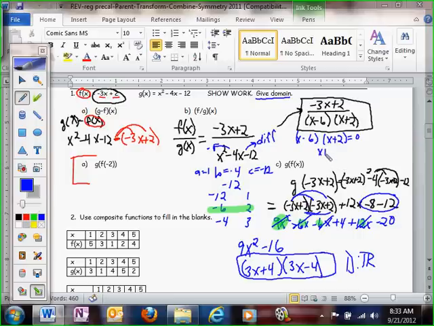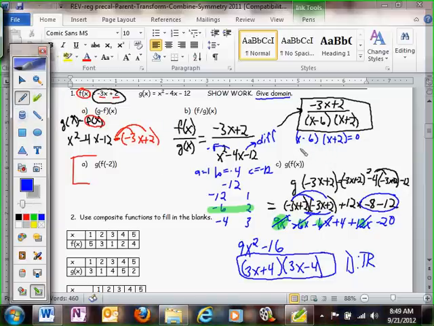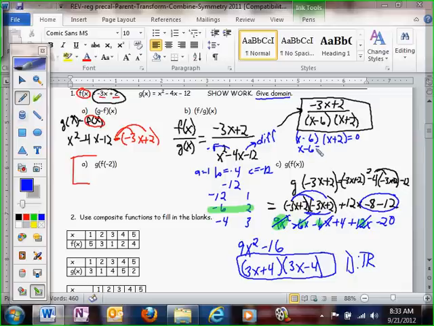So I would have x minus 6 equals 0. And I would also have x plus 2 equals 0. So when you solve for x in both of these cases, you get that x equals 6 and negative 2. These are my restrictions. This is what x cannot be.